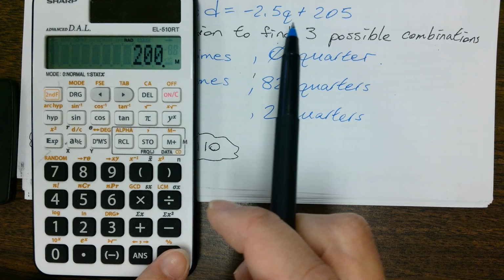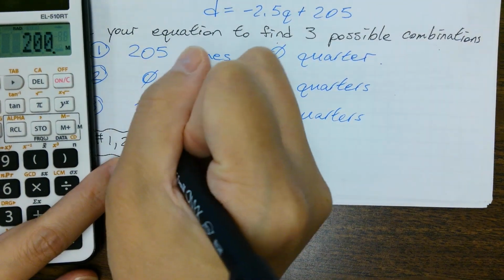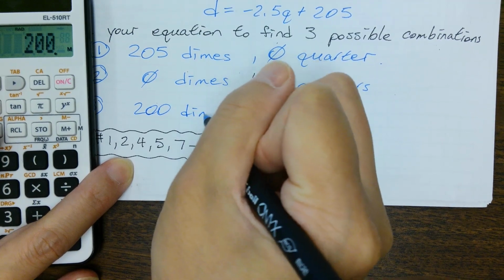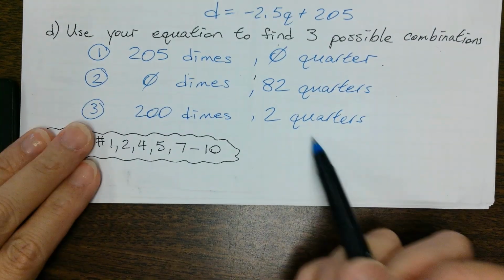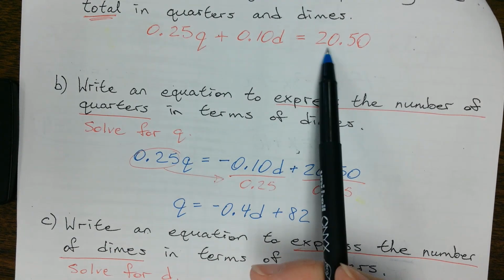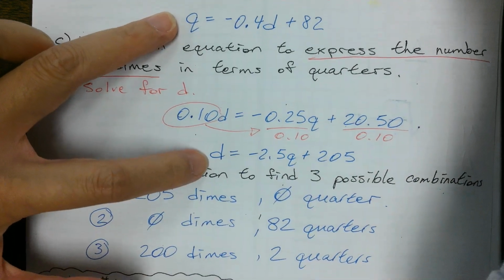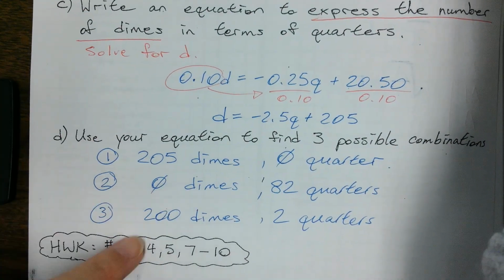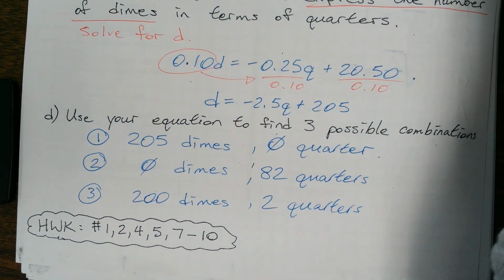So that gives me how many dimes? 200. Okay, so there you go. So instead of just looking at this equation and trial and error different combinations, you can actually rearrange the equations into different form, and then it will be much easier to find combinations.